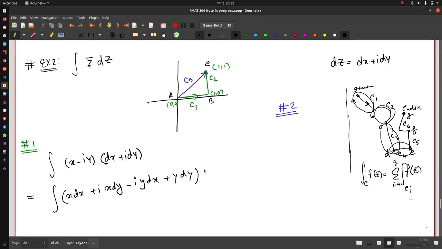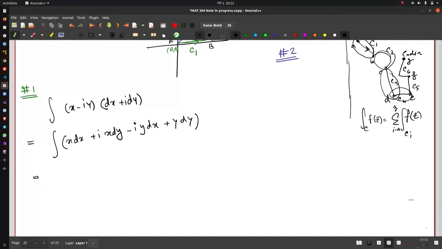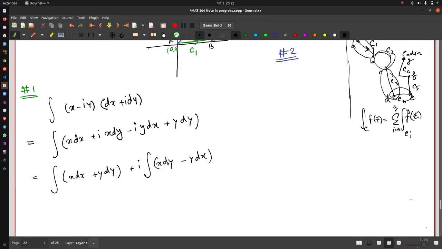Now you can take the real and imaginary parts. x dx plus y dy is your real part, and your imaginary part is x dy minus y dx.